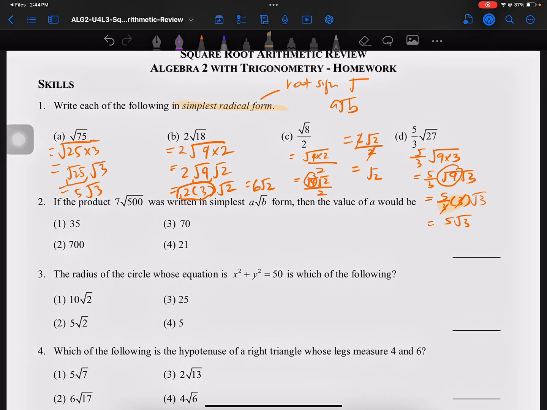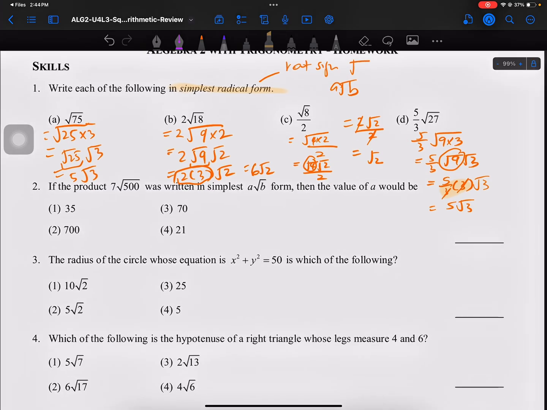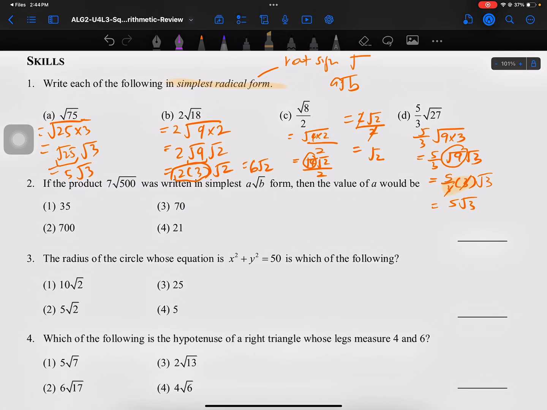Okay, so now question 2. We need to choose a multiple choice answer. We want to simplify this into A√B, then read off the value of A, the number outside the root.